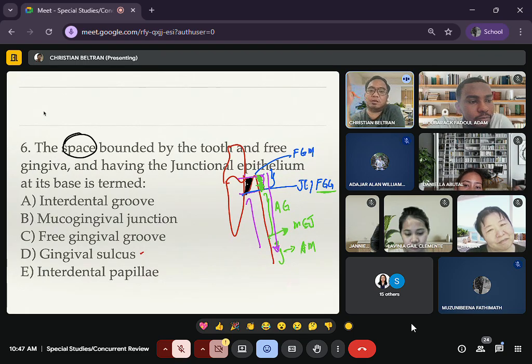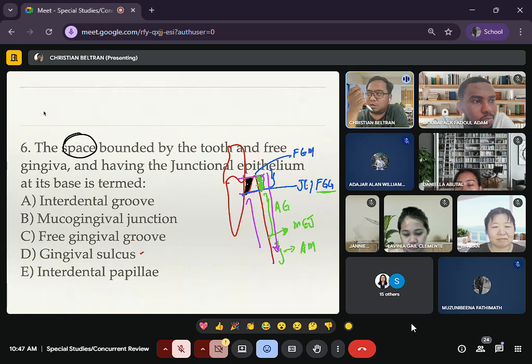You need to free your gingiva from the attached gingiva, reflecting it up to almost the vestibular area, so you'll be able to reposition the gingiva apically or coronally, depending on your procedure.